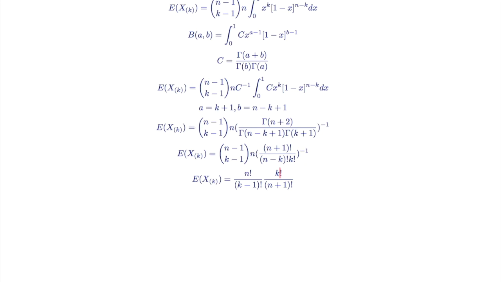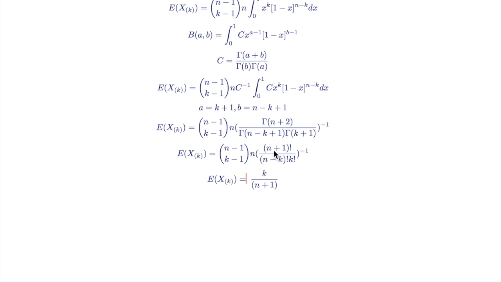So we can just erase that and erase the k minus 1 factorial. And that gives us n plus 1 times n factorial, which is just n plus 1 factorial, except this is gone because we had n factorial over n factorial. Okay, and there we have it.